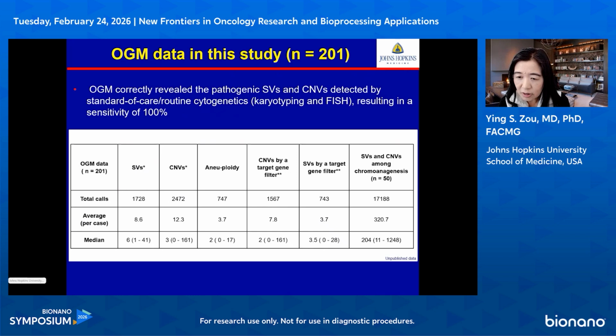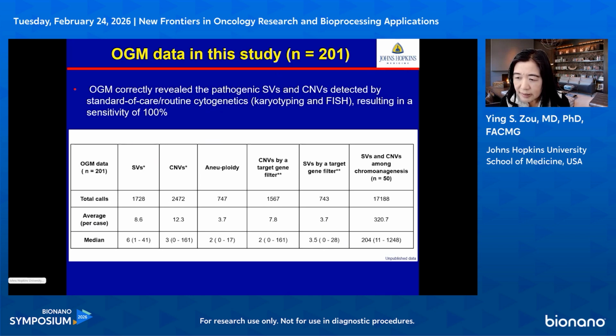50 cases, or 27%, showed features consistent with chromothripsis, which represents recurrent, huge genomic events involving large-scale chromosomal rearrangements.